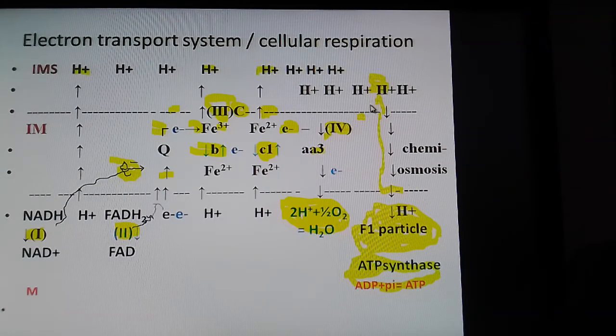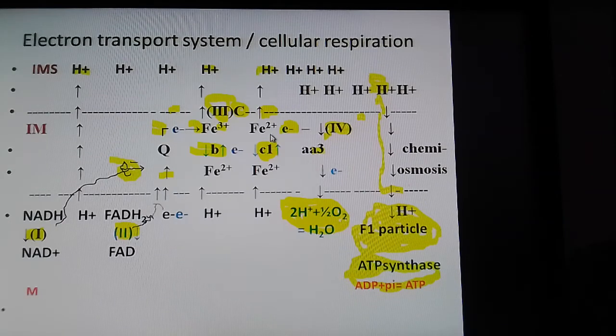Now the energy that's produced during the proton pumping may be useful for the formation of ATP, in which the energy is captured, by which we say this ATP bond is filled with energy, on one side due to the proton movement from the intermembrane space to the matrix region.